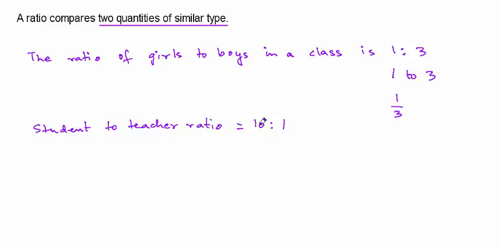It means that for every group of 10 students, on an average, there's one teacher. So if there are 20 students in the institute, there would be 2 teachers. If there are 100 students, there would be 10 teachers and so on. And like I said, it can also be written as 10:1 or 10 over 1. They all mean the same thing.